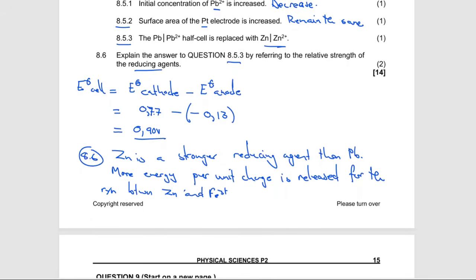So as a conclusion, the equilibrium is going to lie to the right now. Our equilibrium is going to lie towards the right.